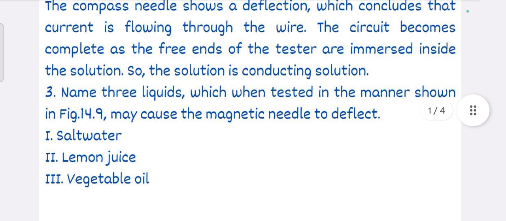Question number 3. Name three liquids which, when tested in the manner shown in figure 14.9, may cause the magnetic needle to deflect.